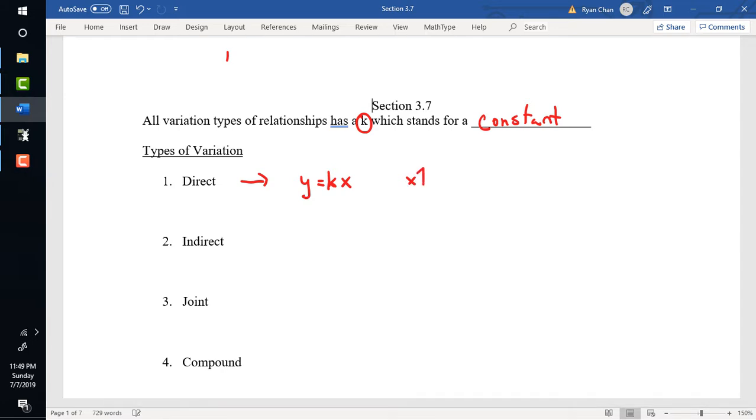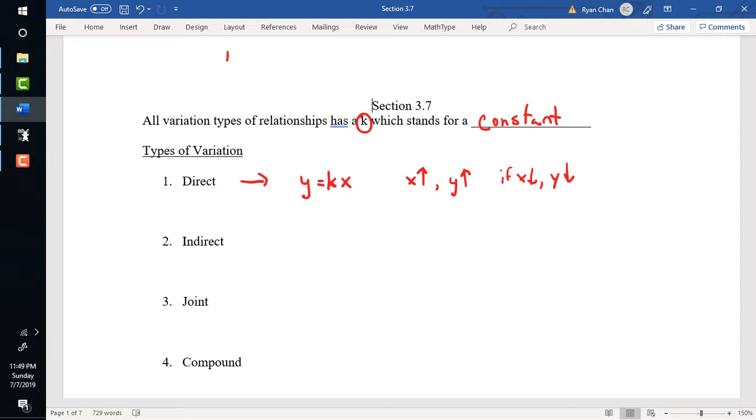As x increases, so does y, and if x decreases, then so does y. That's what means direct. When we say direct variation, we are saying that x and y are both growing or decreasing in the same direction.